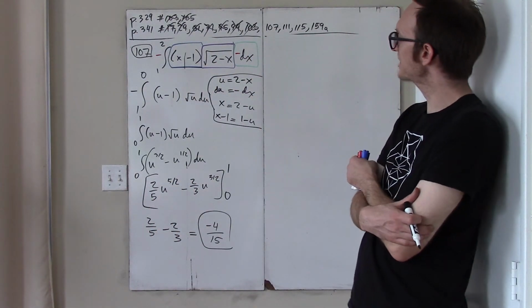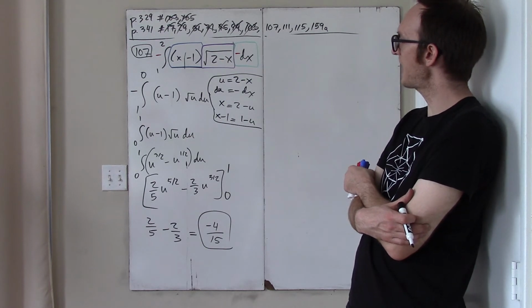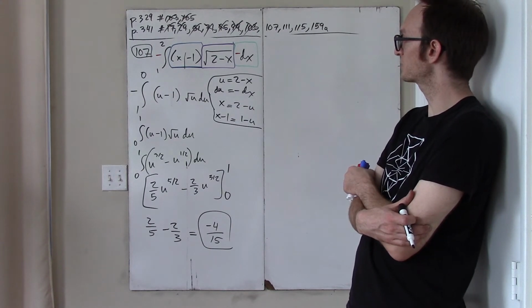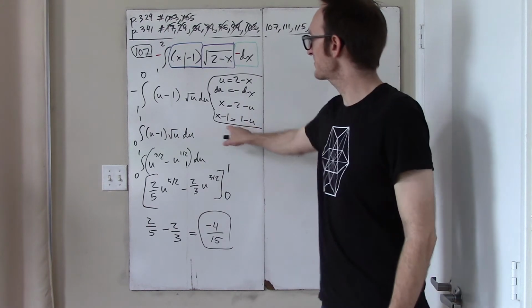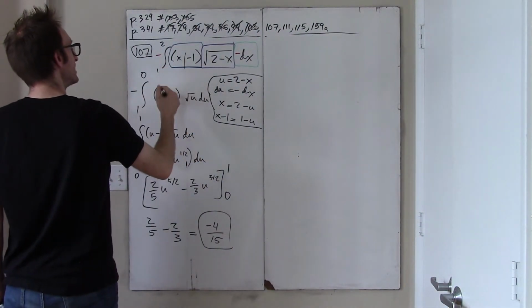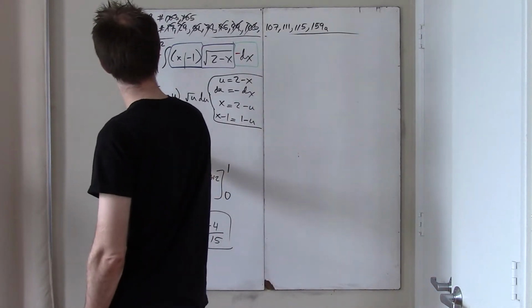U is 2 minus x. du dx is negative 1. x is 2 minus u. This is all just true. Oh my gosh. x minus 1 is 1 minus u. Ha ha ha. That's wrong, and I am sorry about this.